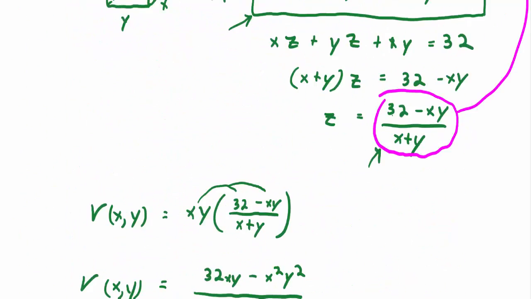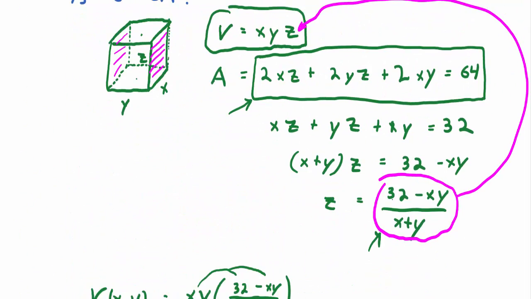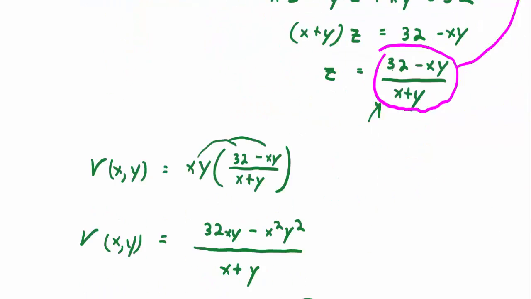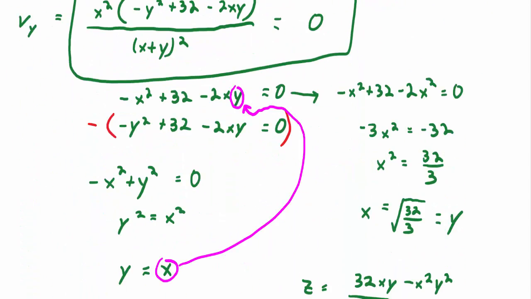Let's make sure. 32. No, I wrote down the wrong one. Let me fix that. 32 minus xy over x plus y.